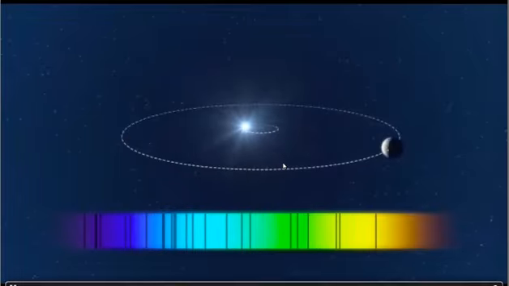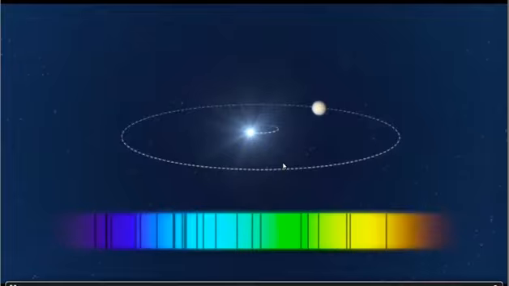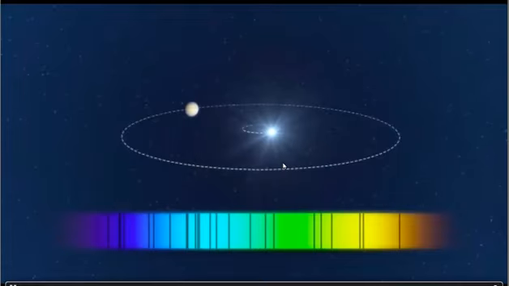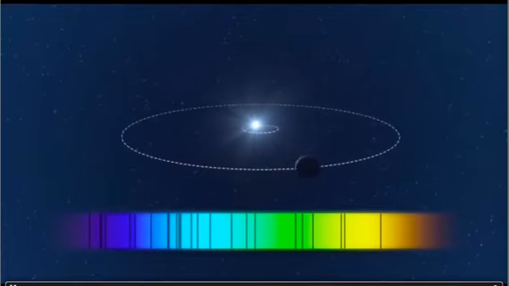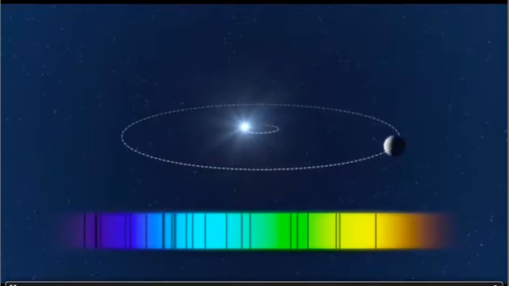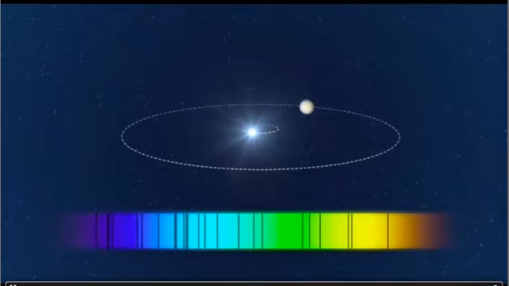So look at what is happening to those lines. As the star wobbles, as the star oscillates, or as the star is moving around the center of mass, the spectrum is shifting from blue to red and then again back to blue and again back to red and again back to blue like this in a cyclical manner.